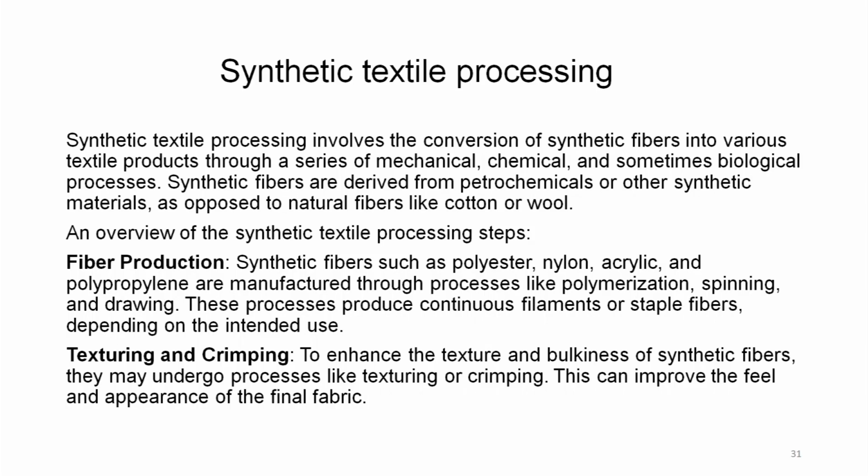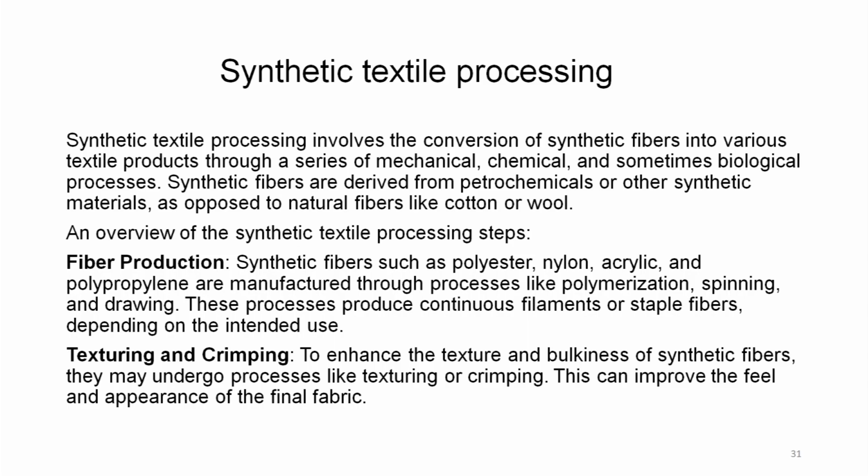An overview of the steps: fiber production. Synthetic fibers such as polyester, nylon, acrylic and polypropylene are manufactured through processes like polymerization, spinning and drawing. These processes produce continuous filament or staple fibers depending on the intended use.